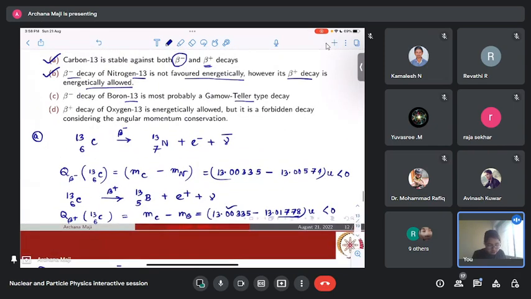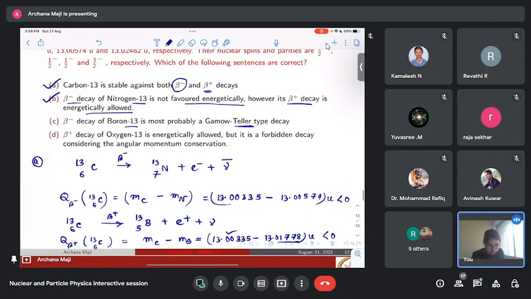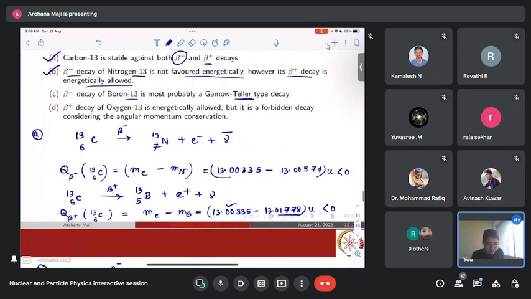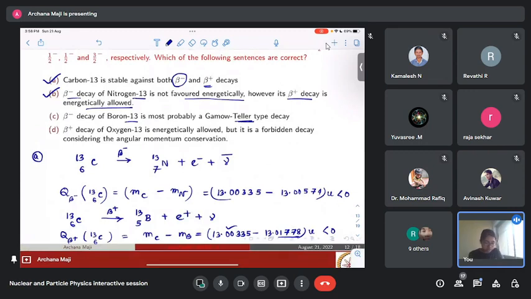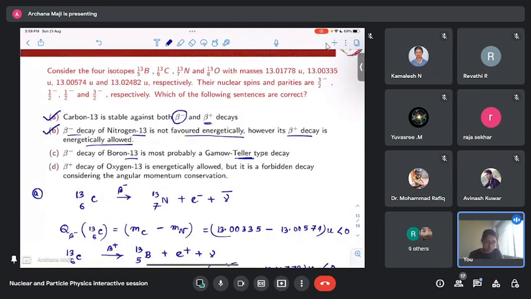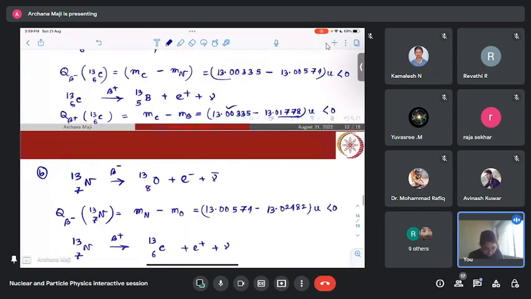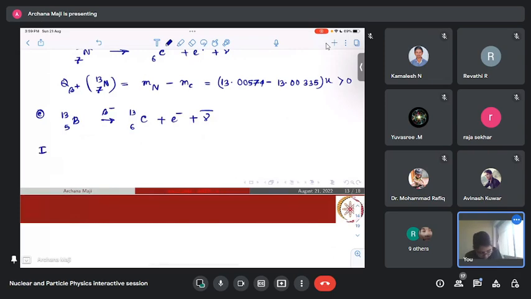We have to check whether it is Gamow-Teller type or not. For that we first need to figure out the L value, the angular momentum, which we will do using parity conservation. So we need to use these parities and spins: 3/2 minus for boron, and it is 1/2 minus for carbon.